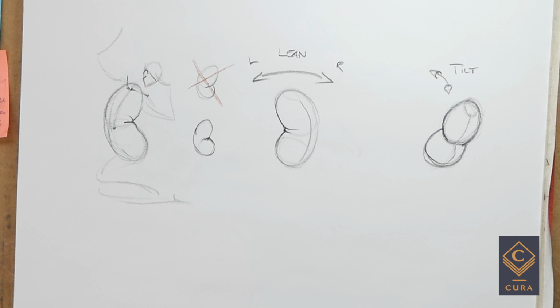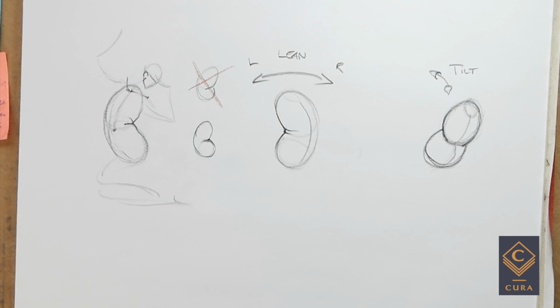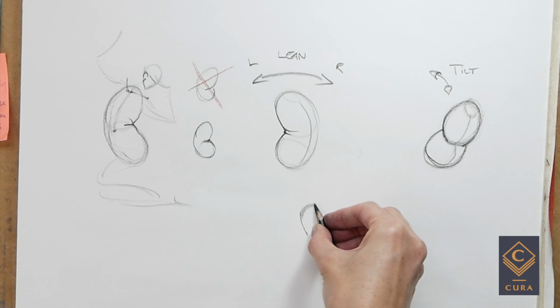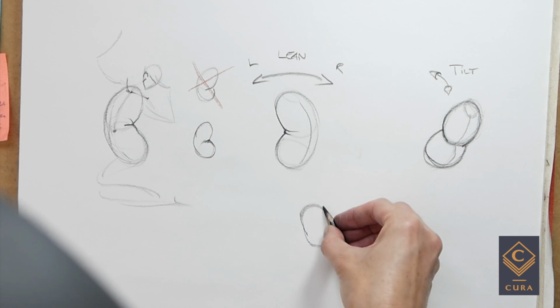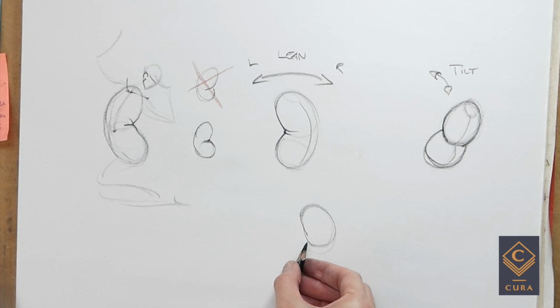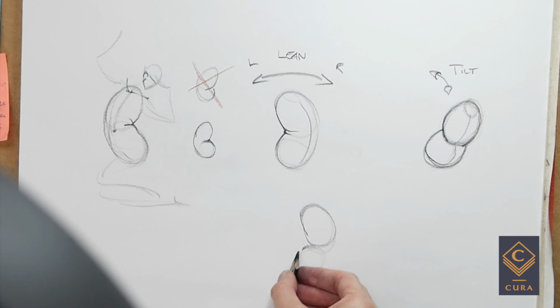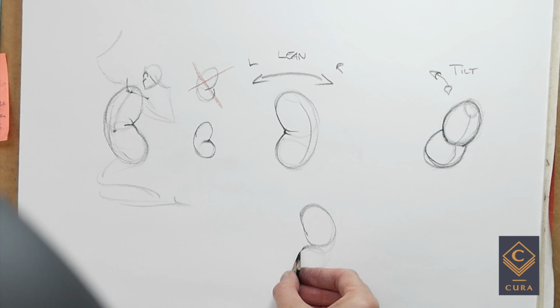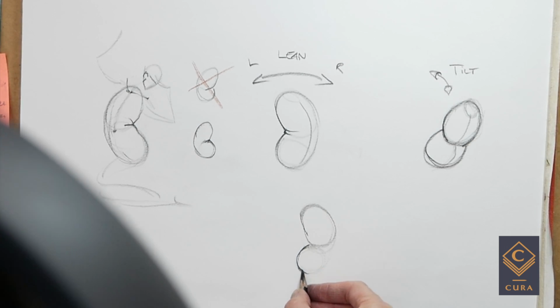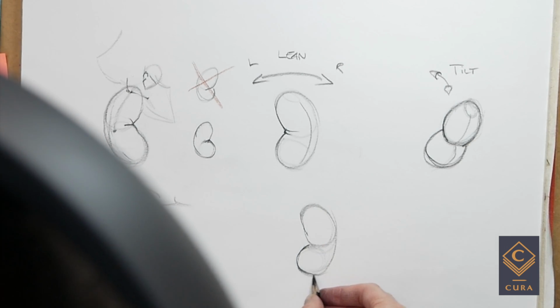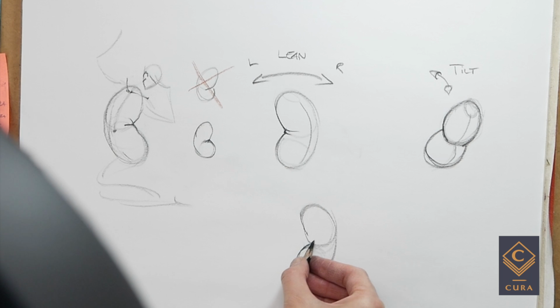Now the next element is probably the most tricky one, and that's when there's a twist. A twist occurs when the shoulders are facing in a different direction than your frontal hip bones. So I go step by step. I begin by placing my rib cage egg and my pelvis egg.